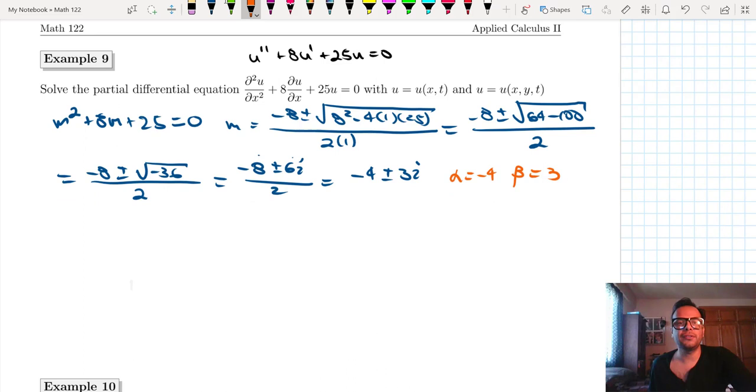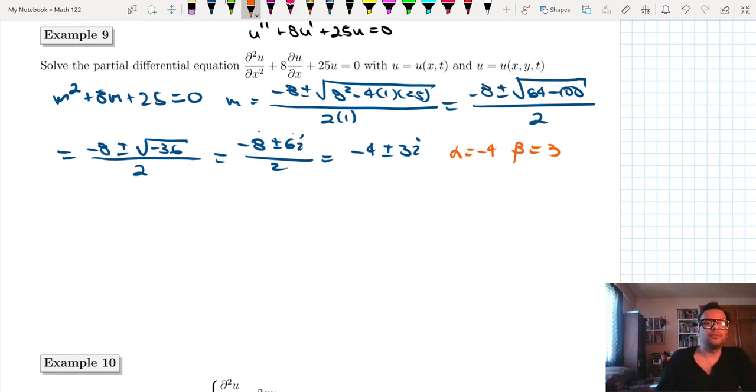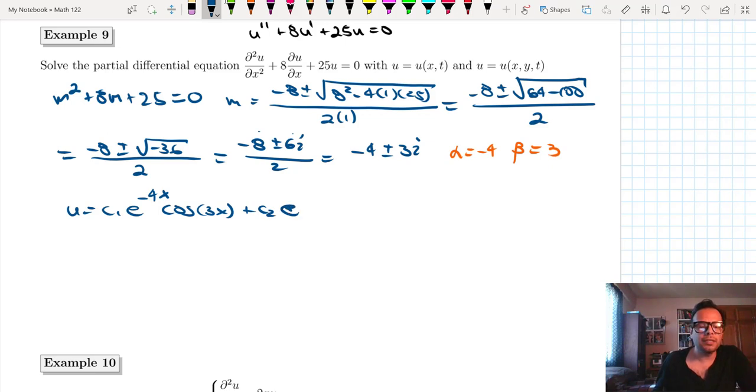So we are going to call for a solution of the following form: u equals c1 e to the negative 4x cosine of 3x plus c2 e to the negative 4x sine of 3x. Notice we didn't use the variable t; now we're going to go back to x.